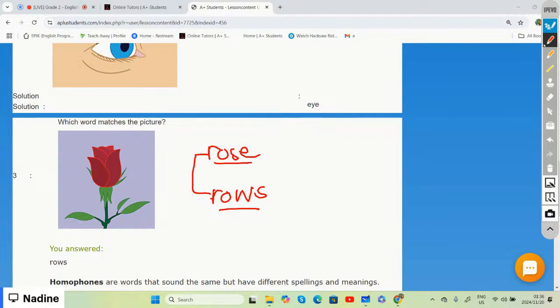So rose, rose, and they have rows. These words sound the same, but if you look at the spelling and the meaning of the words, then it is different.